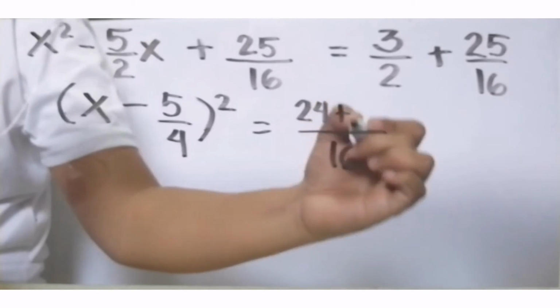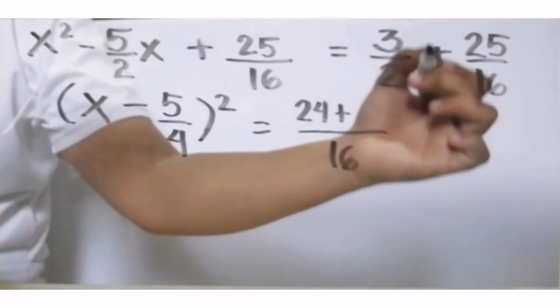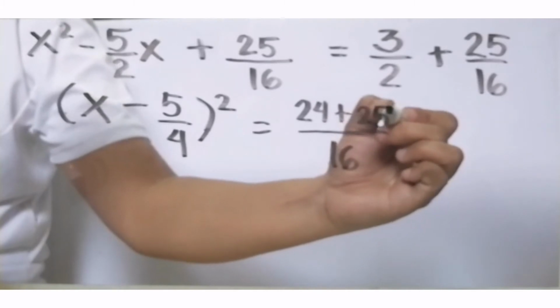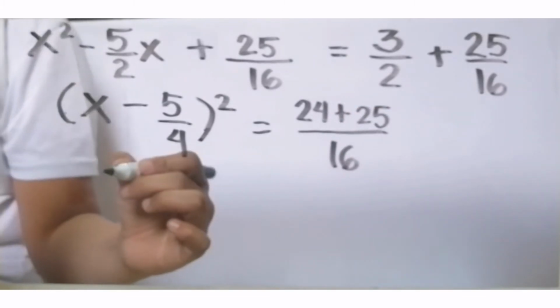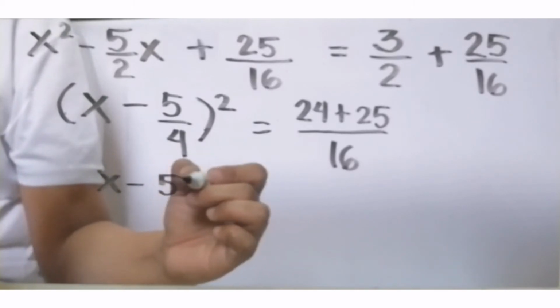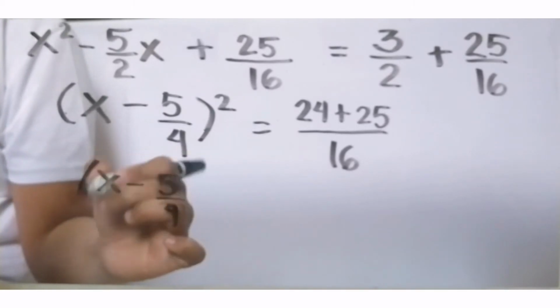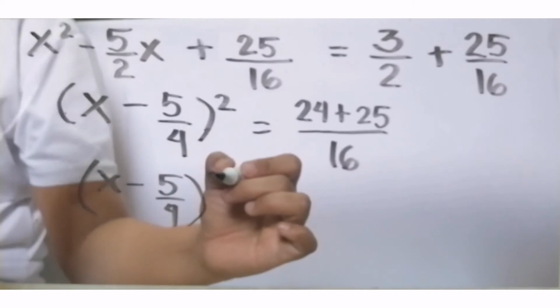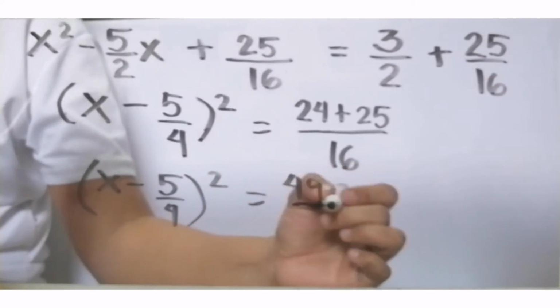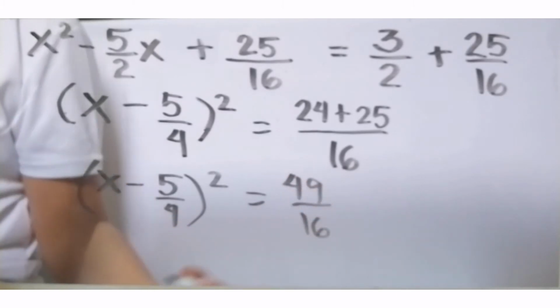Plus 16 divided by 16 is 1 times 25 is 25. So we have x minus 5 over 4, or the square of x minus 5 over 4 equals 49 over 16.